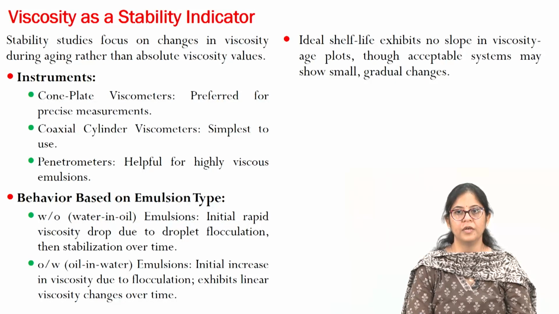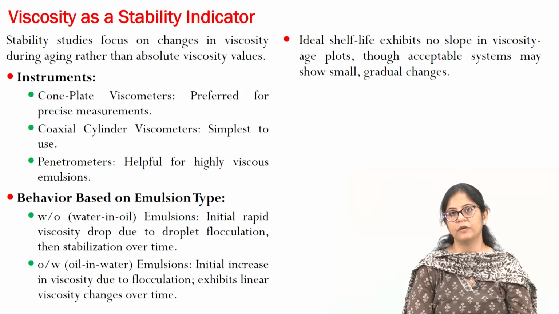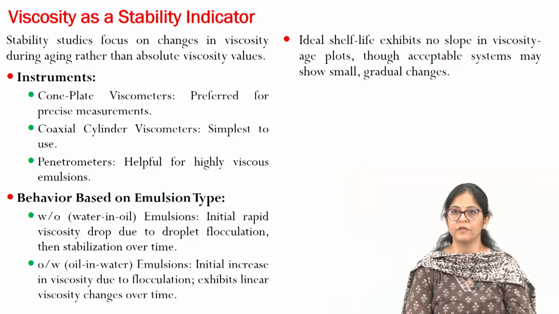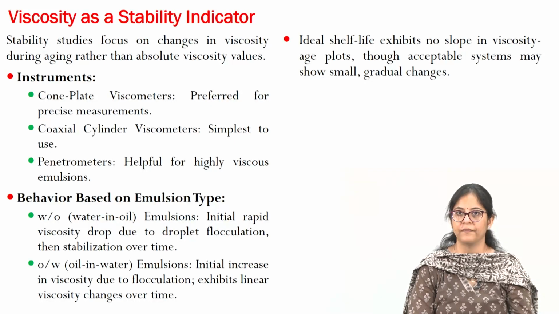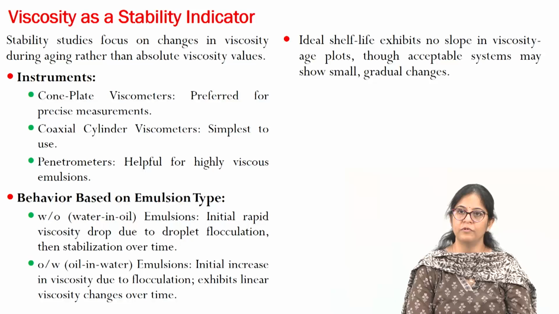For the W/O, that is water in oil emulsions, an initial rapid viscosity drop due to droplet flocculation occurs, then destabilization over time. In the O/W emulsions, an initial increase in viscosity due to flocculation occurs, and then a linear viscosity change occurs over time.